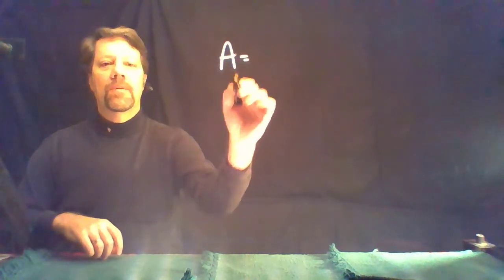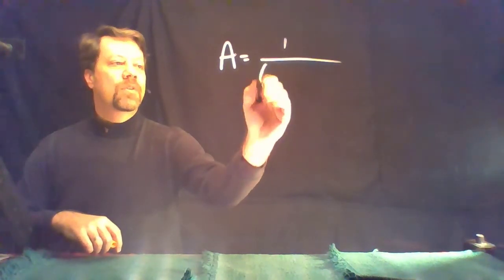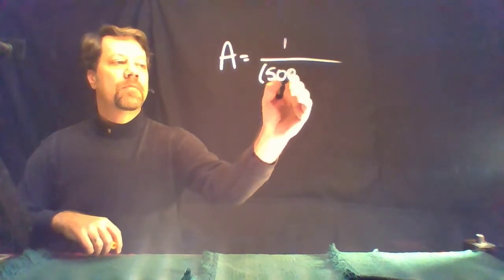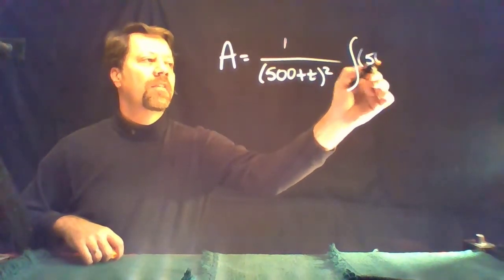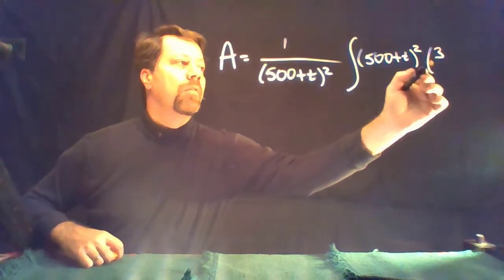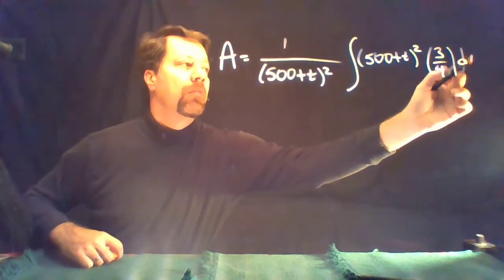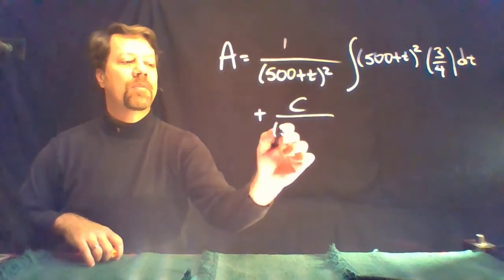It follows that the general solution to the differential equation is A equals 1 over mu times the integral of mu q plus a constant divided by mu.